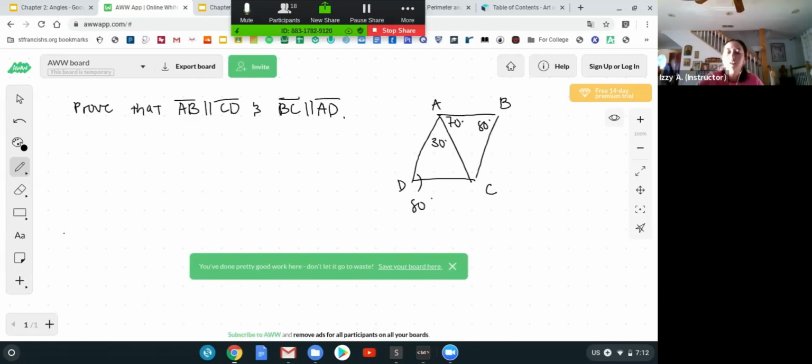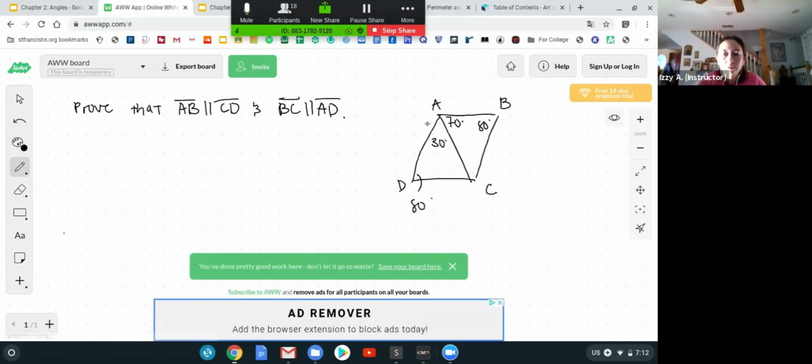Okay, so let's first tackle this problem by figuring out all the angles in the two triangles.